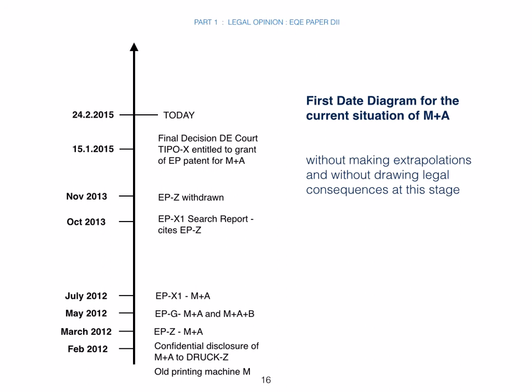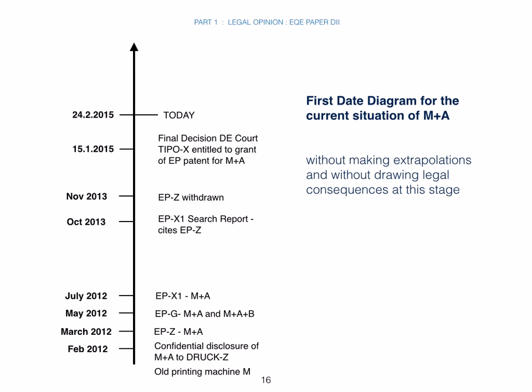Looking into the future, in October 2013, there is a search report for EPX1 citing EPZ. In November 2013, EPZ is withdrawn. On the 15th of January 2015, there is a final decision from the German court entitling Typograph X to the grant of an EP patent for M plus A. And today is the 24th of February 2015.